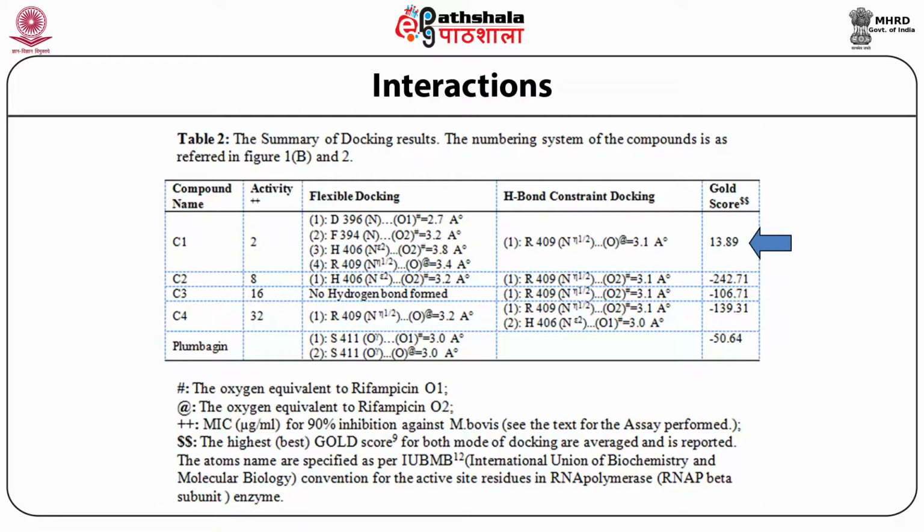Not only that, we put in another molecule with a very similar structure called plumbagin. Literature showed that it also has very good inhibition quality, so we took that as well to validate our data, and we found plumbagin also has a nearby value. Of course, our compound scores much better and makes more interactions with the active site.